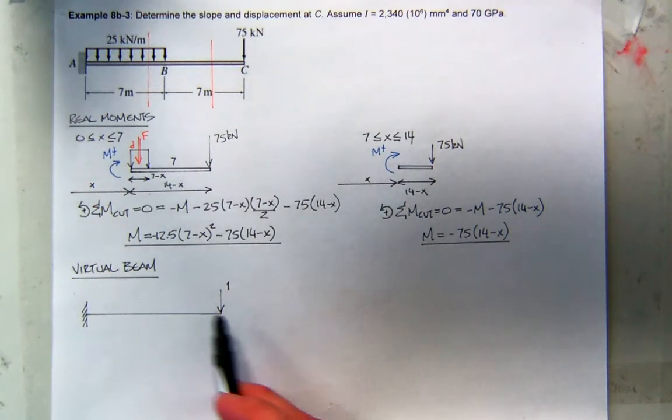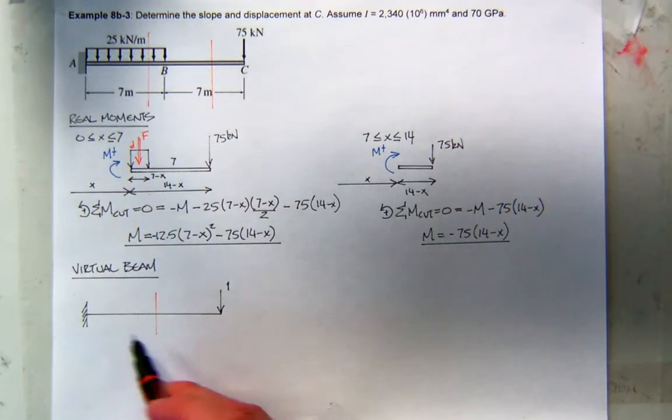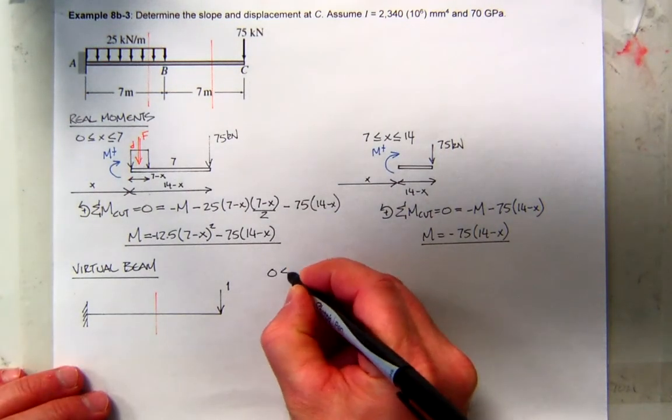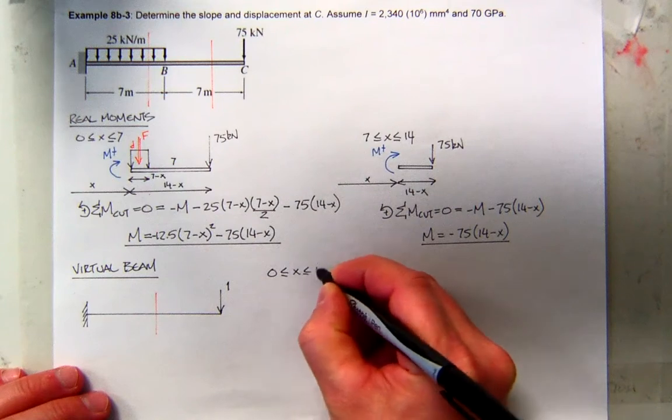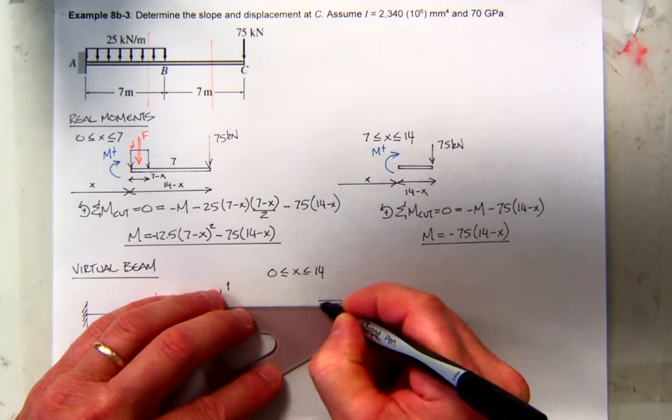How many equations do I need for this beam? One equation. If you cut it, you want to work the left side or the right side? I think the right side is best. So in this case, I'm going to have one element that's going to be good for all 14 feet, and it'll look like this.